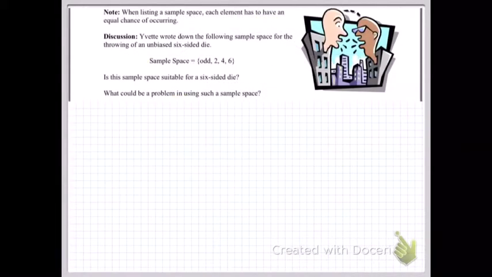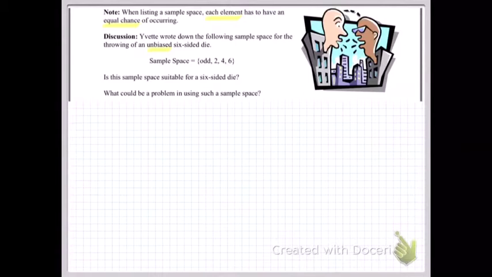We need to be careful, noting that when we're listing a sample space, each element has to have an equal chance of occurring. In this example, a student is throwing an unbiased six-sided die, which is the same meaning as fair, meaning that each number is equally likely. But the student listed the sample space by lumping the odd possibilities and writing them as only a single element.